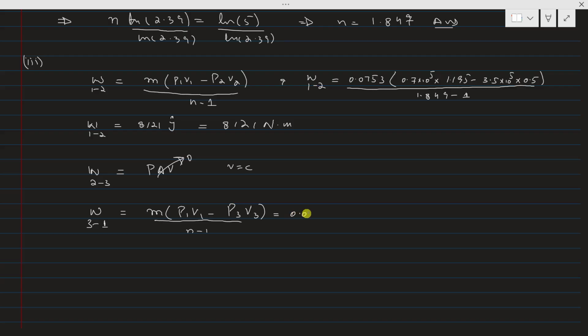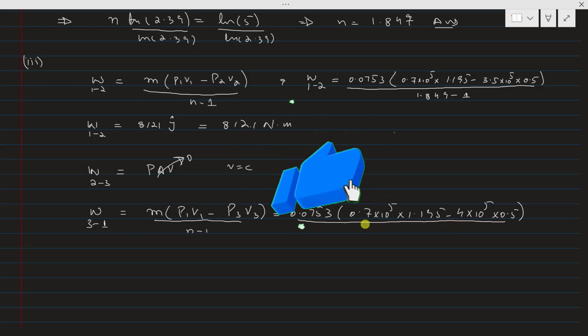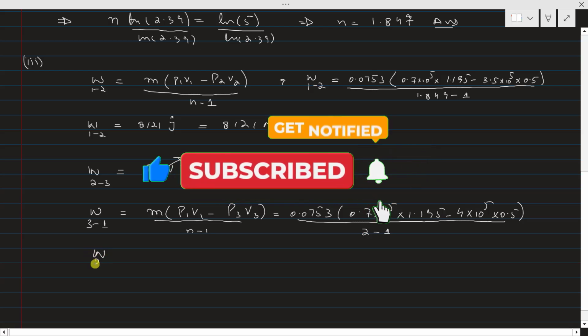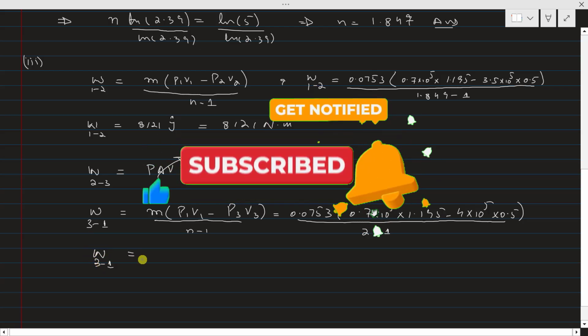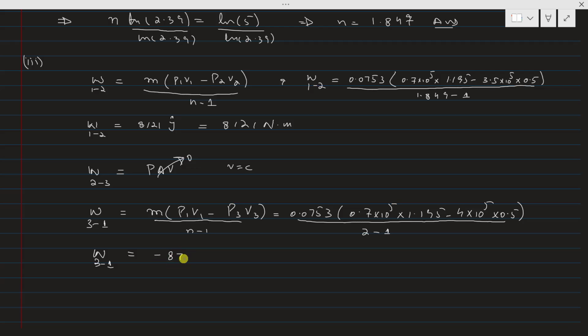This gives minus 8761 joule or Newton meter, whichever unit you prefer.